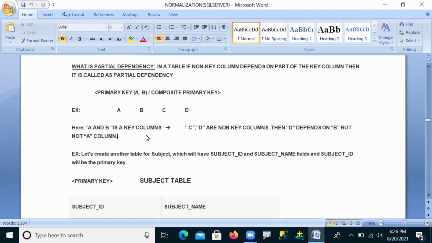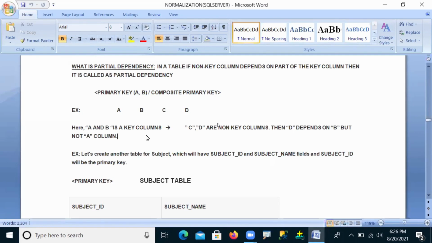Okay, right. What does partial dependency mean? In some cases, some children have only a mother, but there is no father. Some children have only a father, but there is no mother. So in those cases, those children depend on any one person.